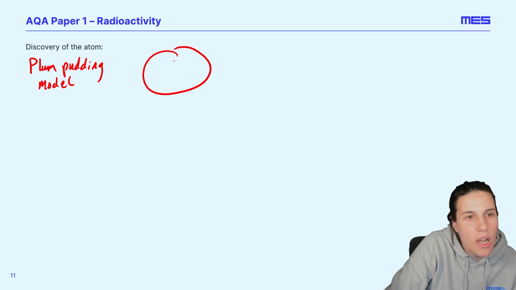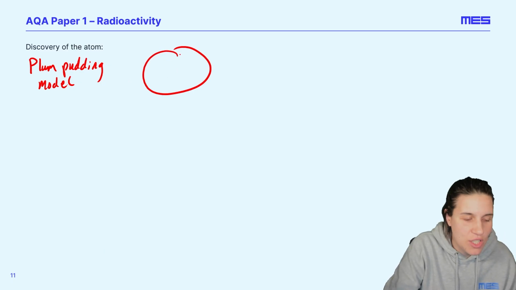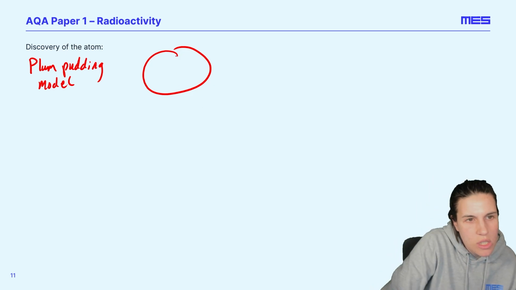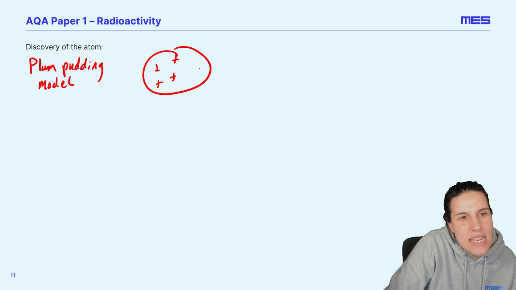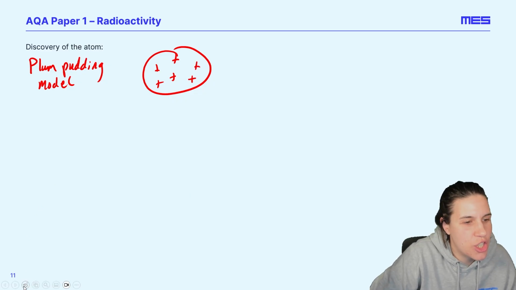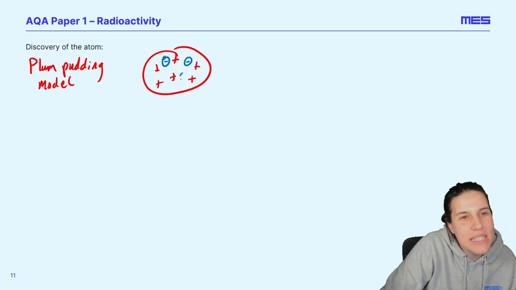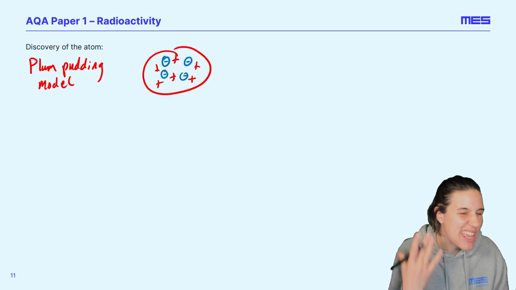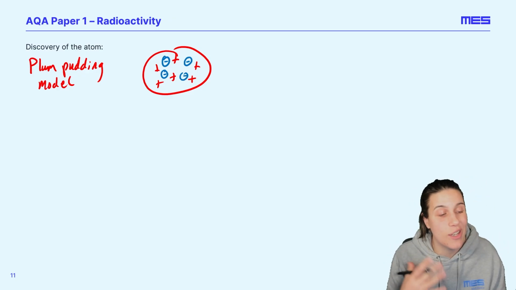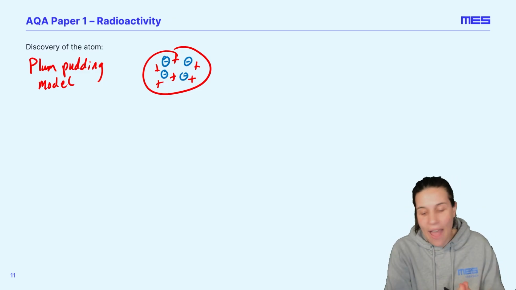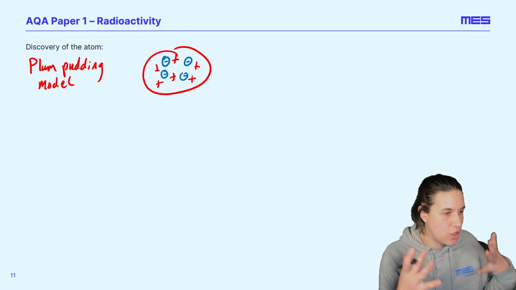Now, his idea was that the atom was like a kind of spherical, positive dough, and it had these negative electrons just kind of shoved in it, like plums in a plum pudding. Now, these days, we don't really know what a plum pudding is. We don't really eat it very often. So I like to think of this kind of being like a chocolate chip cookie, okay? Your chocolate chips are your negative bits, and the cookie bit is like your positive dough.